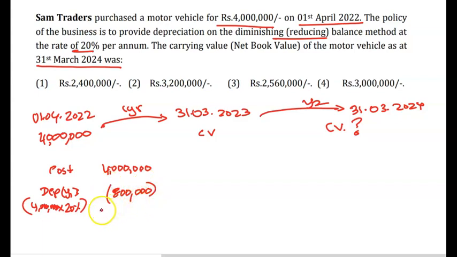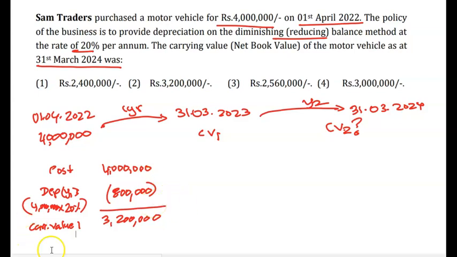You minus it, then you will get 3.2 million. This is the carrying value. Let's say this is carrying value 1 and this is carrying value 2 for the second year. After 1 year, the carrying value would be 3.2 million.